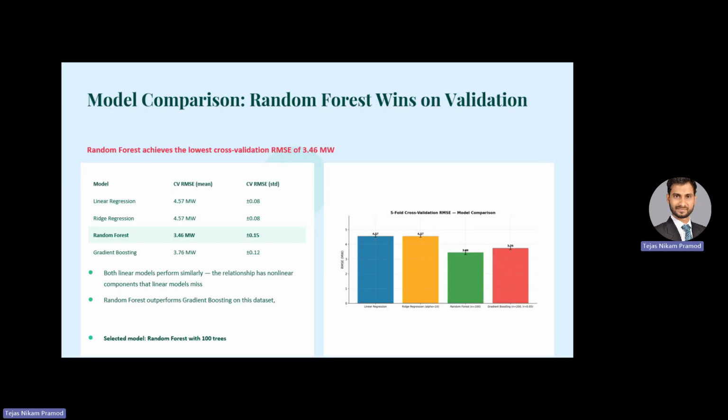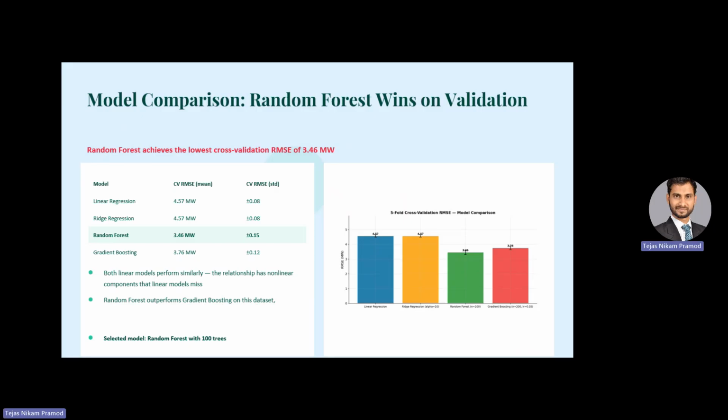Now moving on, let's compare the models. There are four models as we spoke about: linear, ridge, random forest, and gradient boosting. Both the linear models, linear and ridge, performed similarly, with the root mean squared error being the highest. This relationship has non-linear components that I think linear models miss, and that's the reason why the root mean squared error is the highest in these two models.